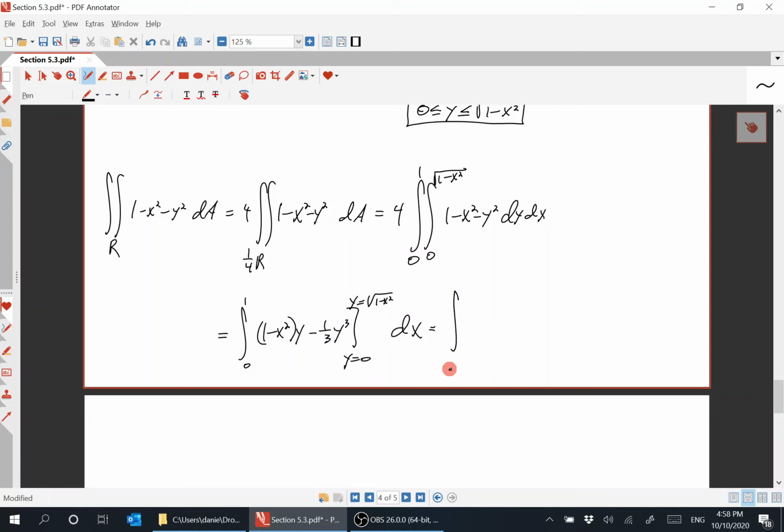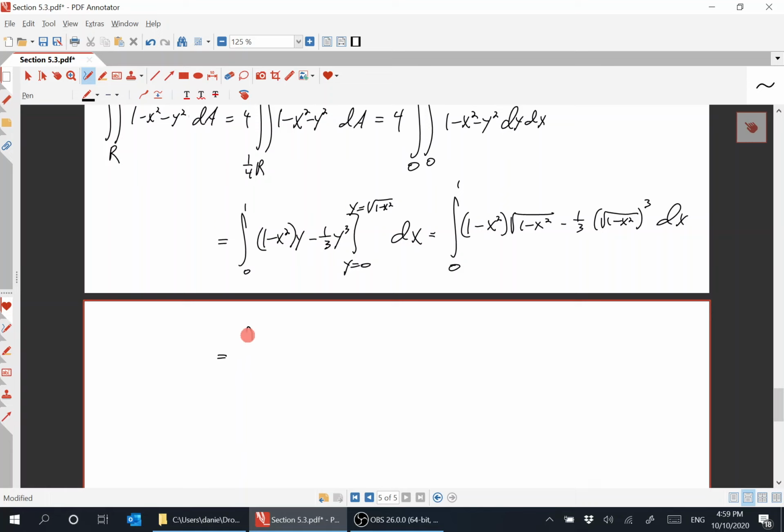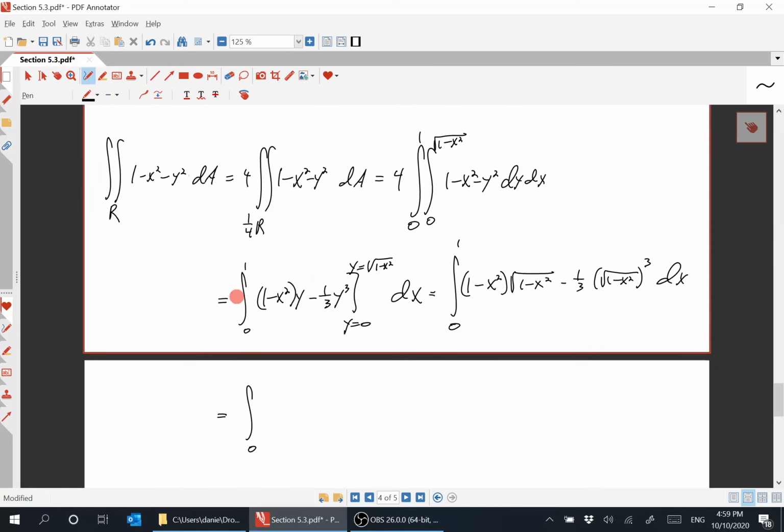So this is equal to the integral from 0 to 1, 1 minus x squared times y, which is the square root of 1 minus x squared, minus 1/3 square root 1 minus x squared to the third dx. So this is equal to, oh, I lost my 4, didn't I? 4 times the integral from 0 to 1.